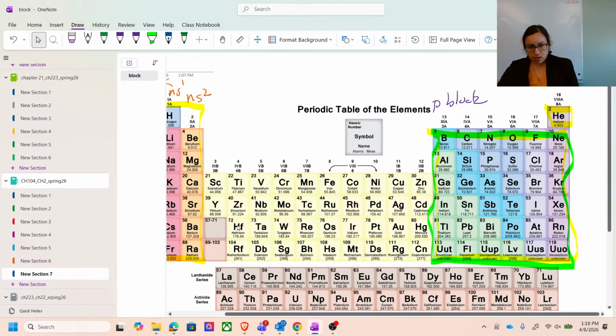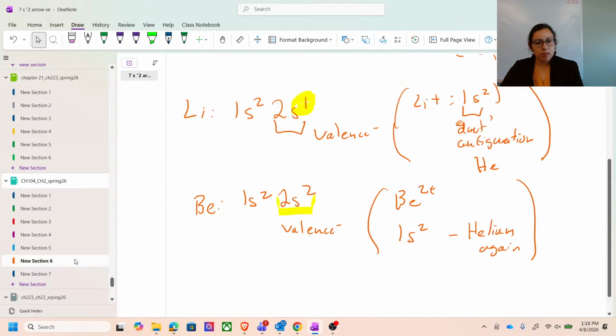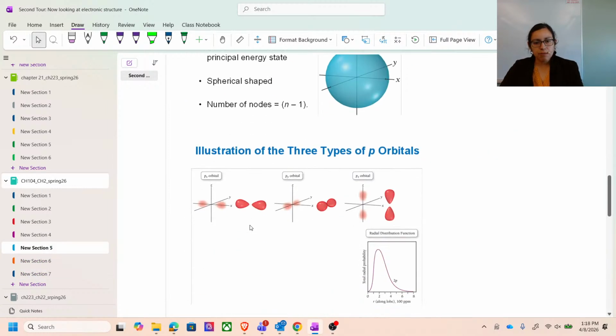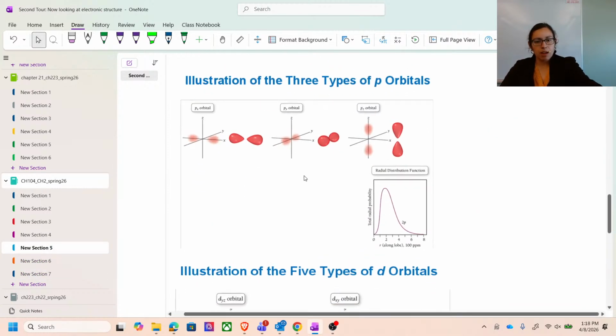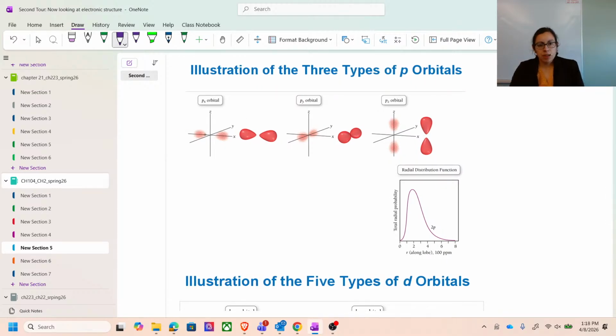Again, I'm not super expecting you to know all these intimate details about the orbitals, but I still find it helpful to at least put the pictures to what's going on. Now we have 3 types of p orbitals, and they are labeled by their directions, x, y, z.